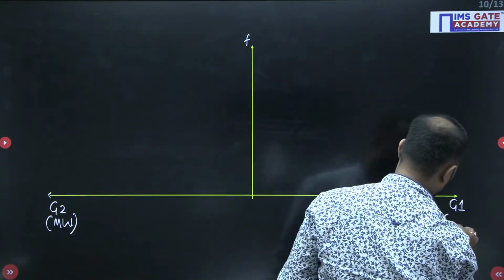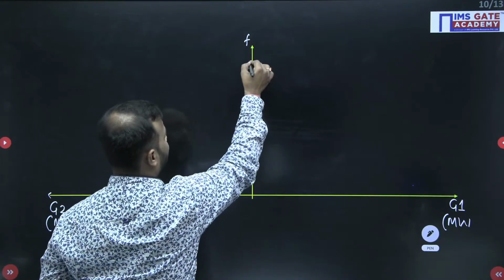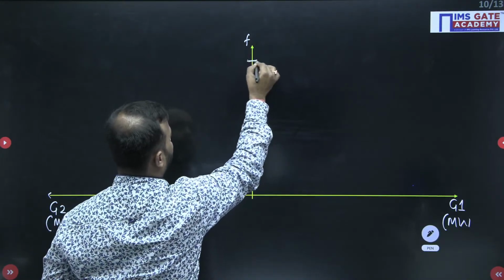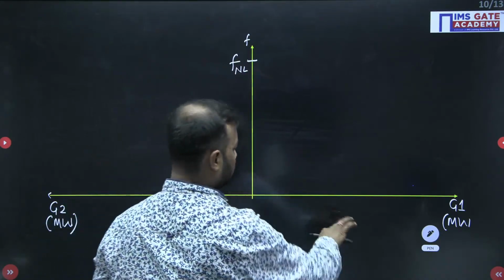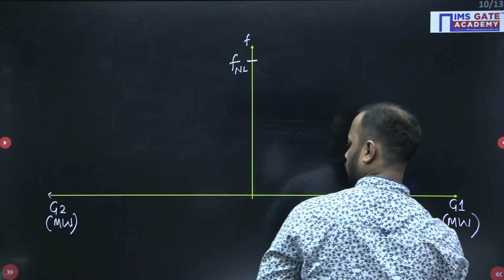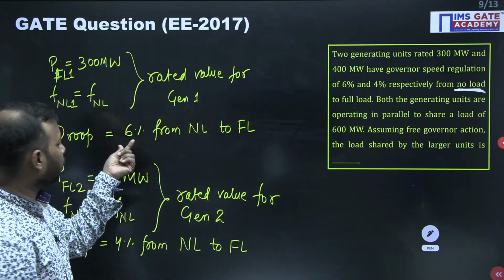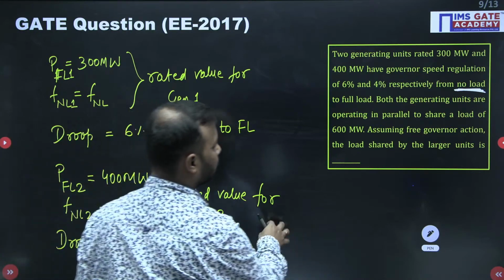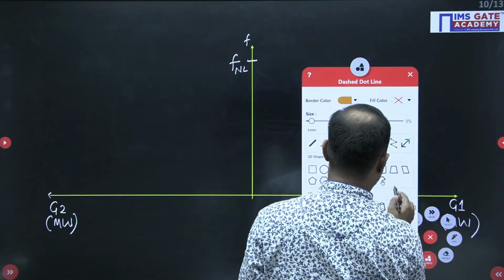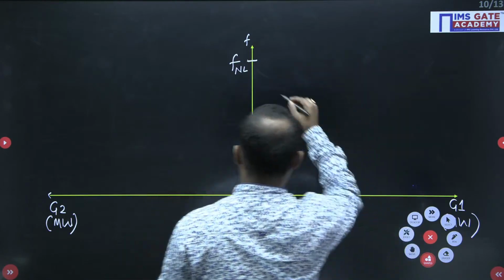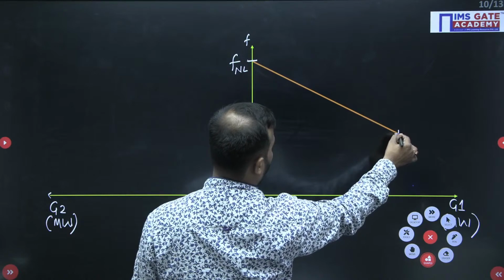All power in megawatt for the generator. Okay. So let us take this as no load frequency, which is FNL. Okay, so for generator 1, the change in slope is what? 6%. Here for generator 2, the slope is somewhat lower, comparable to 4%. समझ में आ गया? For generator 1, the slope is higher as it is 6%.